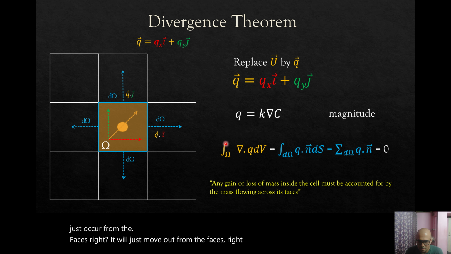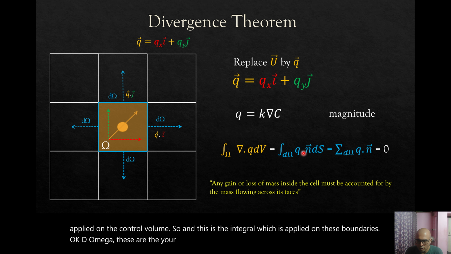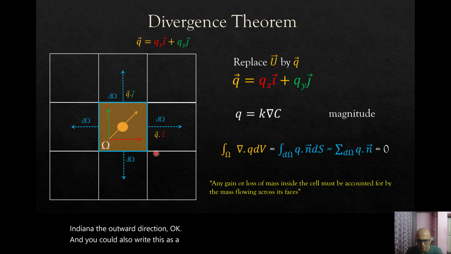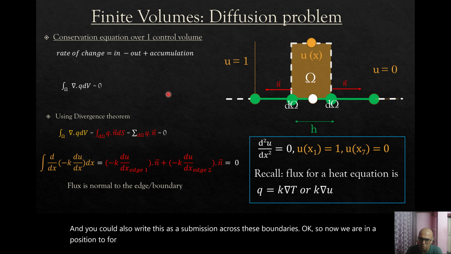So here this is your divergence of flux applied on the control volume, and this is the integral which is applied on these boundaries, d omega. These are your boundaries. So this is your flux dotted with the unit normal in the outward direction. Okay, and you could also write this as a summation across these boundaries. So now we are in a position to formulate the flux balance equations.